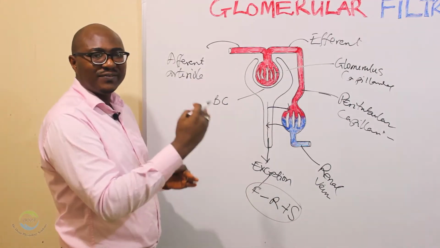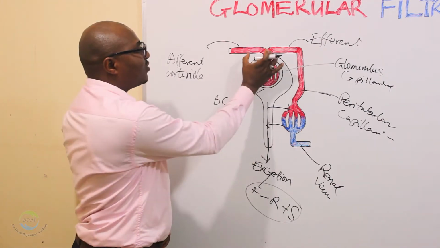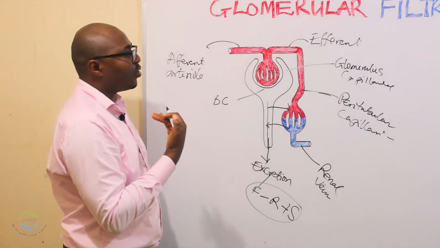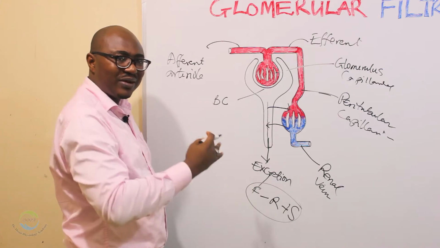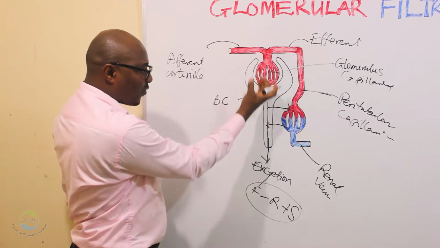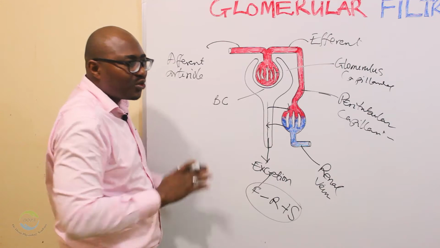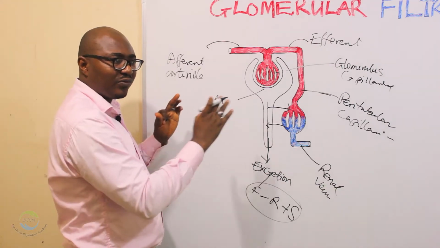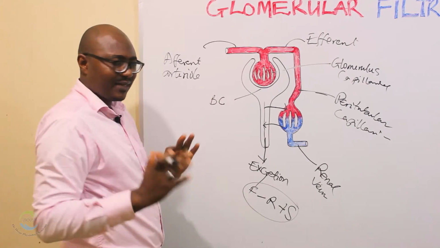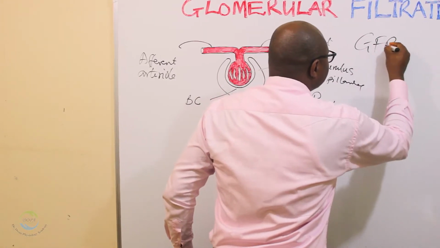So we quantify things, that's why we do measurements to know the performance. How well the kidneys filter the blood is known as glomerular filtration rate. It's the volume of filtrate per time. It's related to renal blood flow, because renal blood flow is also measured as volume per minute. It's called GFR, glomerular filtration rate.